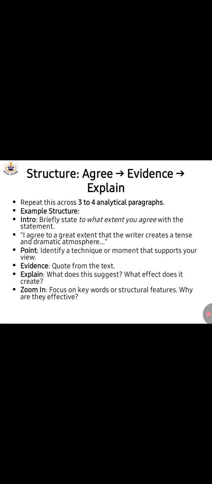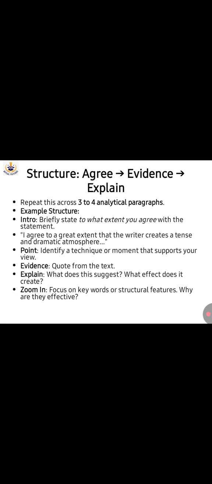Here are some tips you need to know on how to go about answering Question 4, GCSE Paper 1. First, repeat this across 3 to 4 analytical paragraphs. Example structure. Intro: briefly state to what extent you agree with the statement.